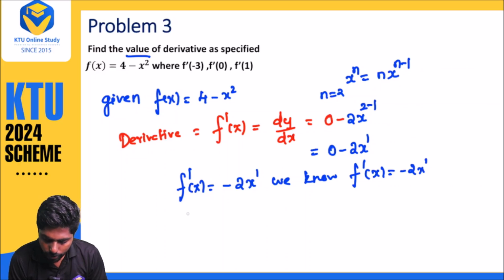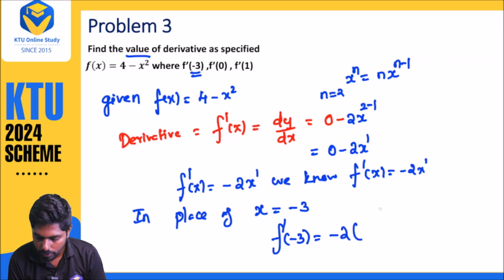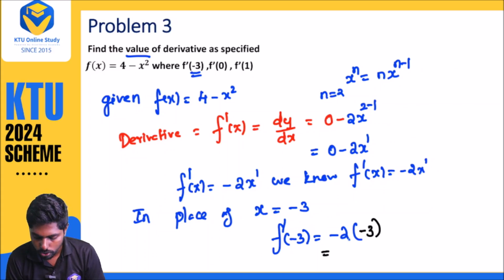So in place of x, minus 3 is there. That is x is equal to minus 3. So just replace: f dash of minus 3 is equal to, in place of x, I am just substituting minus 3. It is minus 2 into minus 3. So minus into minus, it will become plus. So 2 into 3, it will become 6. So f dash of minus 3 is equal to 6 we are getting.